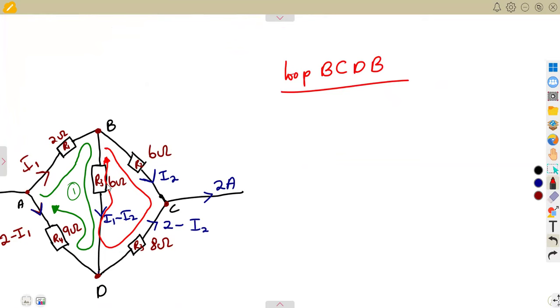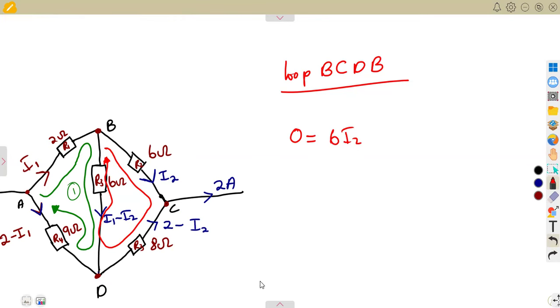We do not have any voltage there, so 0 is equal to. Let's move from B to C. Are we maintaining the direction of this current? Is it maintaining the way that we took the loop? Yes, it is moving in the same way. So that's 6 times I2. From C to D, are we maintaining?